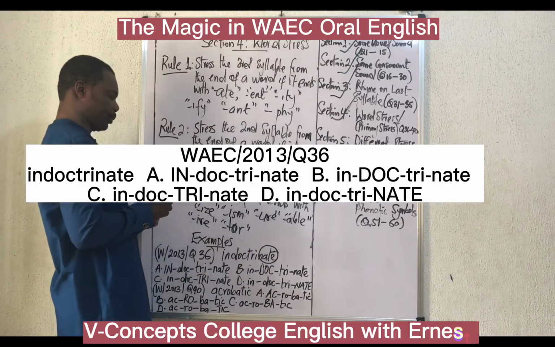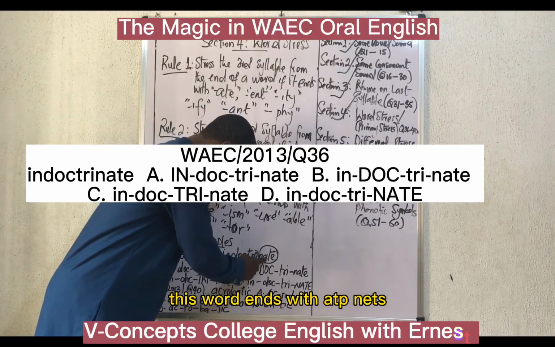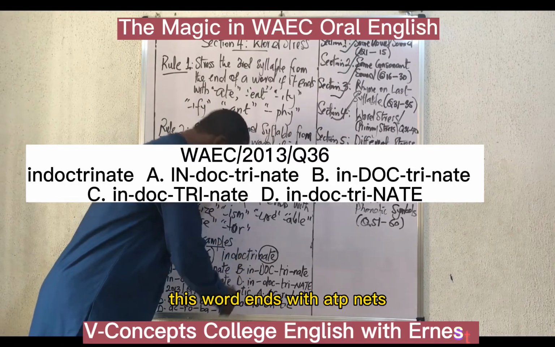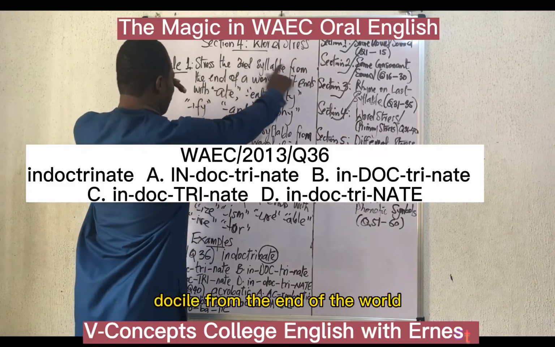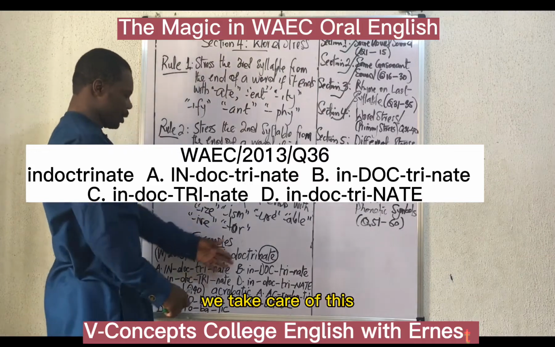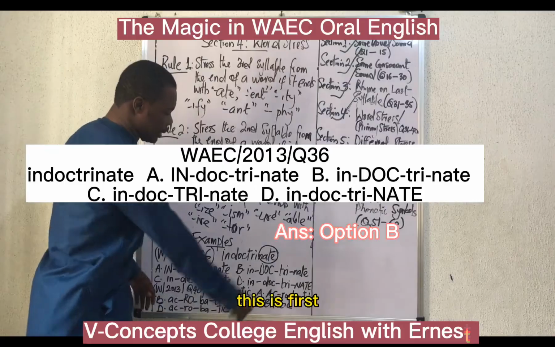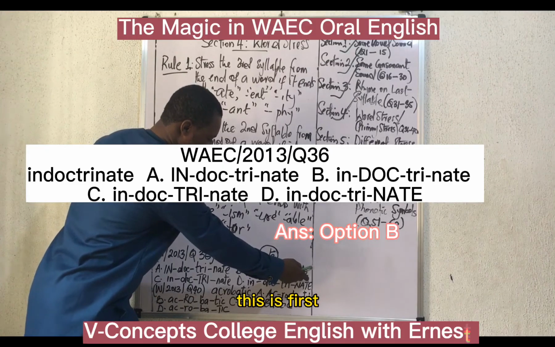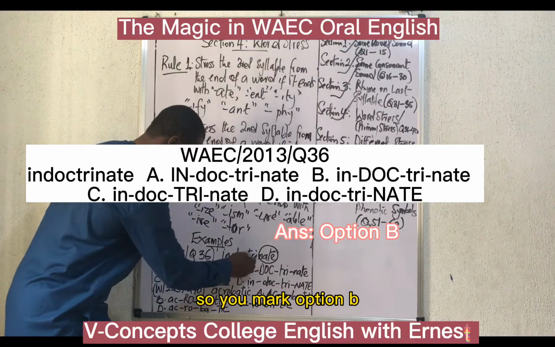This word ends with ate. Stress the third syllable from the end of the word if it ends with ate. So rule one will take care of this for us. Stress the third from the end. This is first, second, and third. So you mark option B.